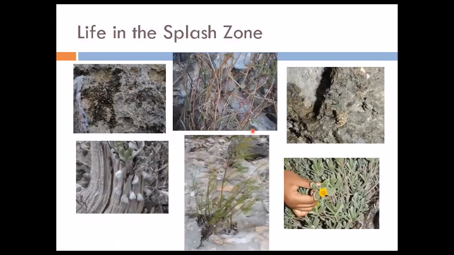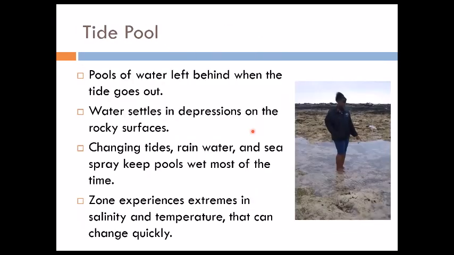Now this picture basically shows a tidal pool, or tide pool. Like I said, what causes this is that because you have so much erosion inside this area, that is going to create these little pits. And wherever you have these pits, that is going to collect water.